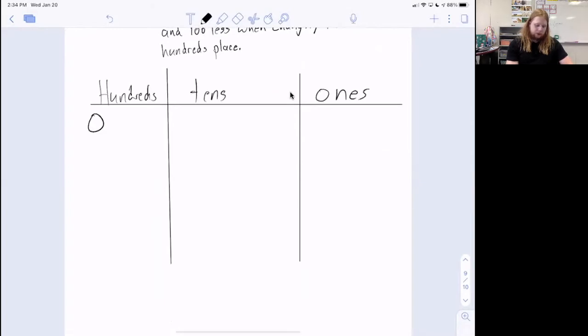I'm going to draw 5 hundreds because our number is 503. And we have no tens because it's 503. And we need 3 ones.